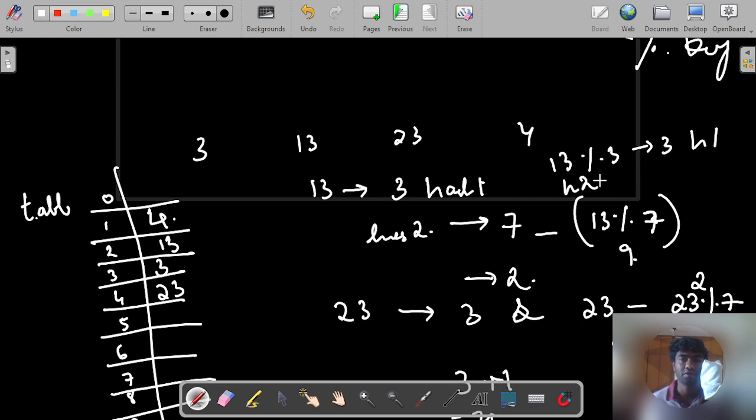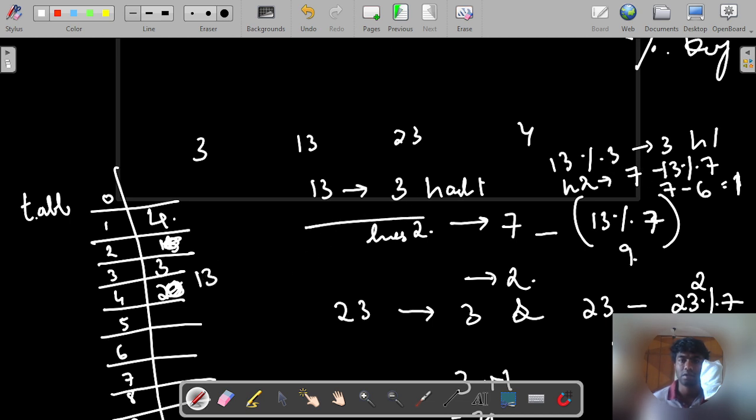In case of hash 2, it would be 7 minus 13 modulus of 7, which gives 6. 7 minus 6, which is equal to 1.